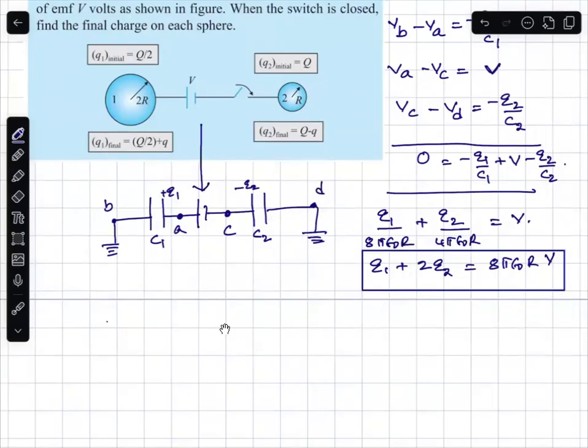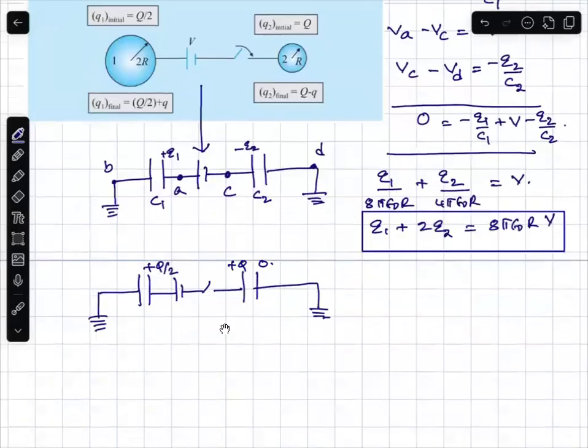So what is the total charge of the system? What was the total charge initially on this system, before you connect? You have plus Q charge over here and plus Q by 2 charge over here.